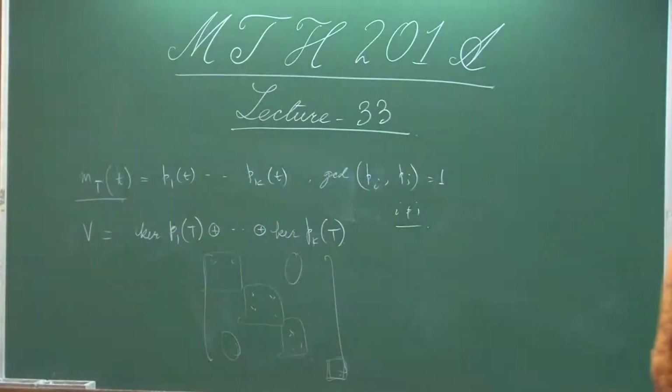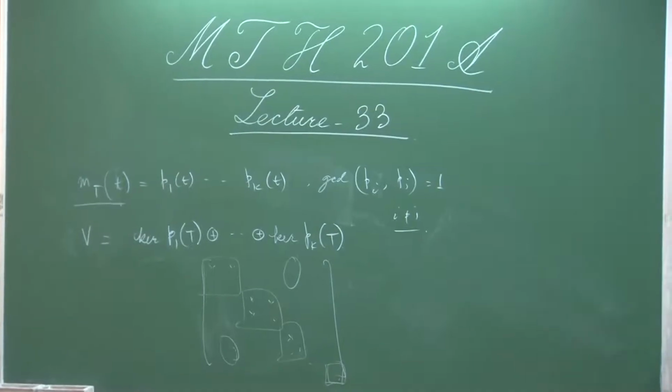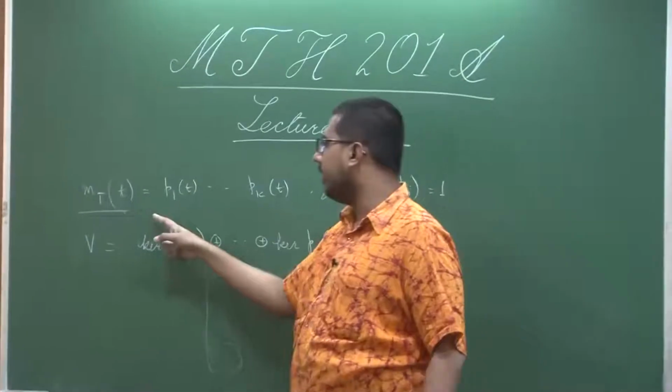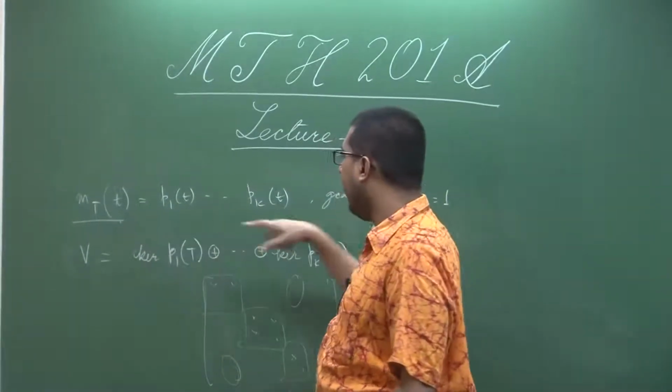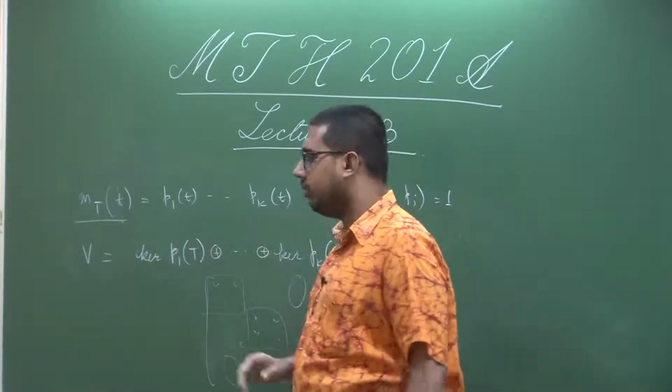Okay, so I should go ahead. Now my job is, given a linear operator, I will write its minimal polynomial and factorize it as follows, and then we get this decomposition.